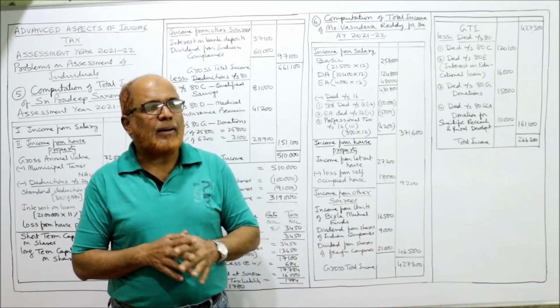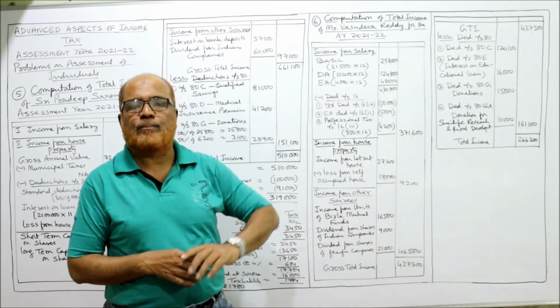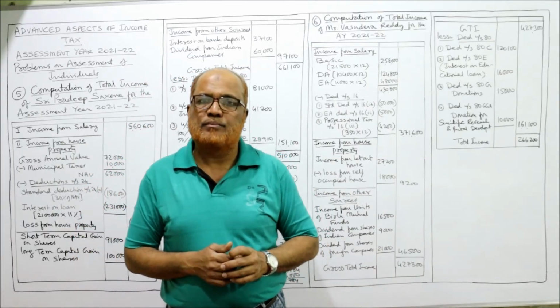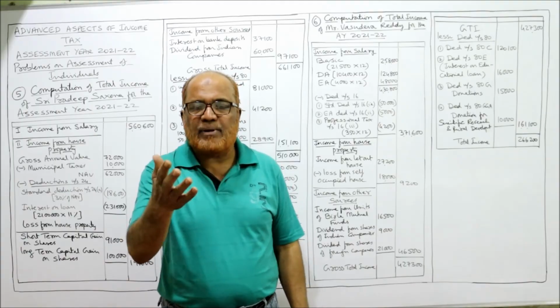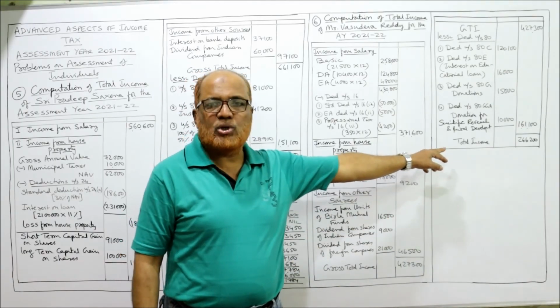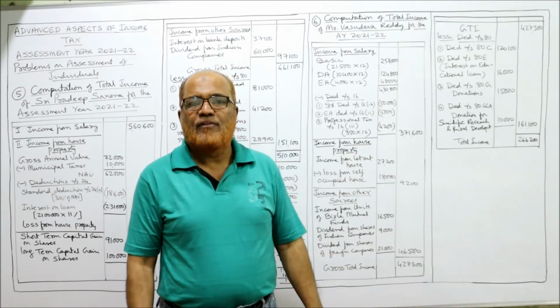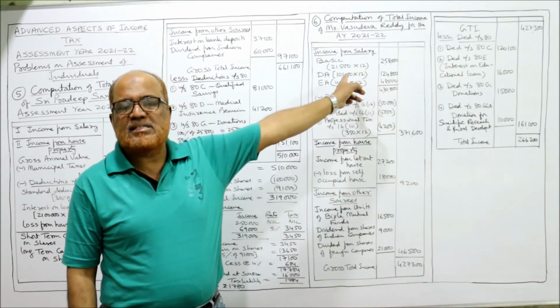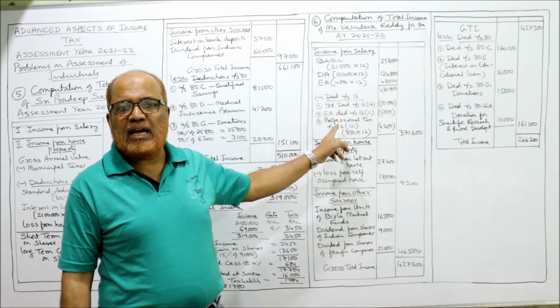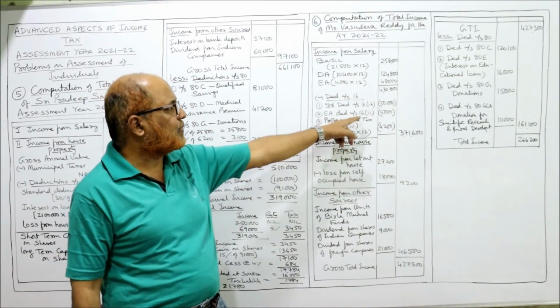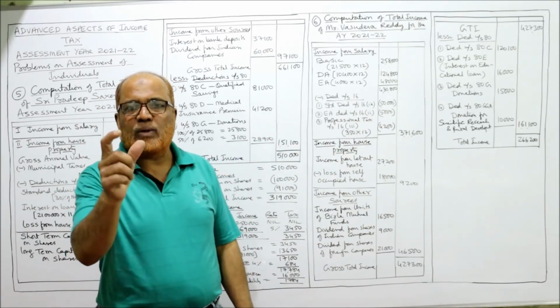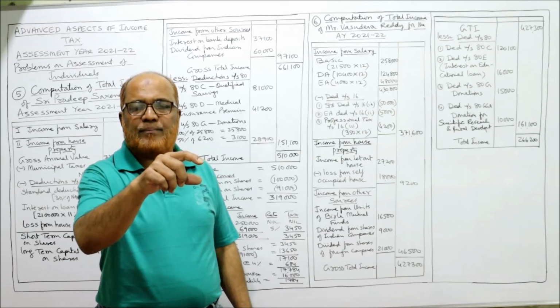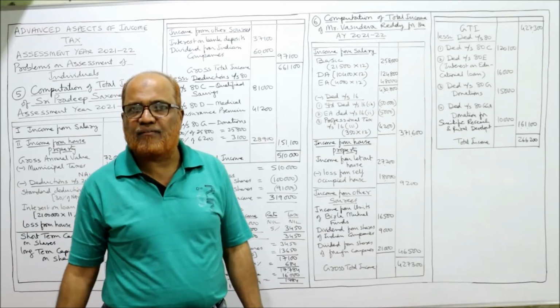But apart from making the solution, you must give the notes. In the examination, after completing the solution, you must give a working note. First working note: the SSC is a government employee, so EA deduction under section 16(2) is allowed to the least of the following three amounts: actual received, 20% of salary, or fixed 5,000.